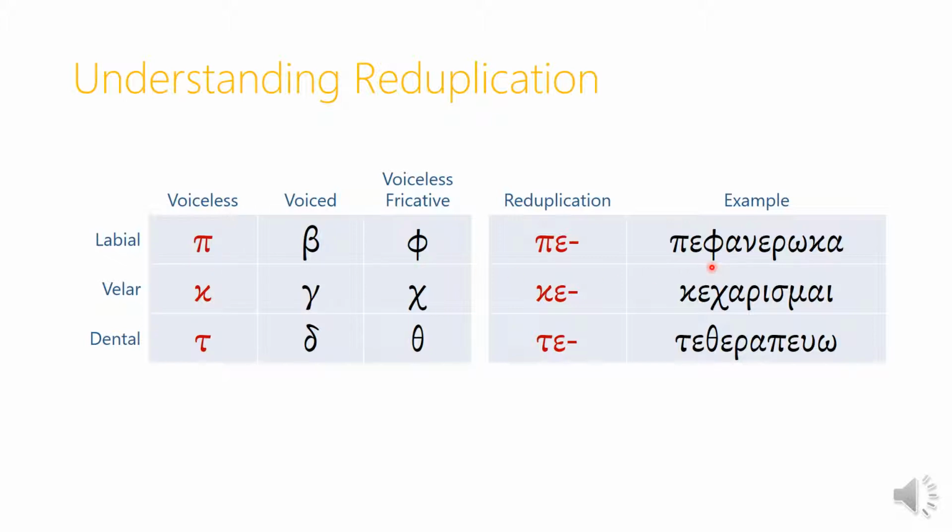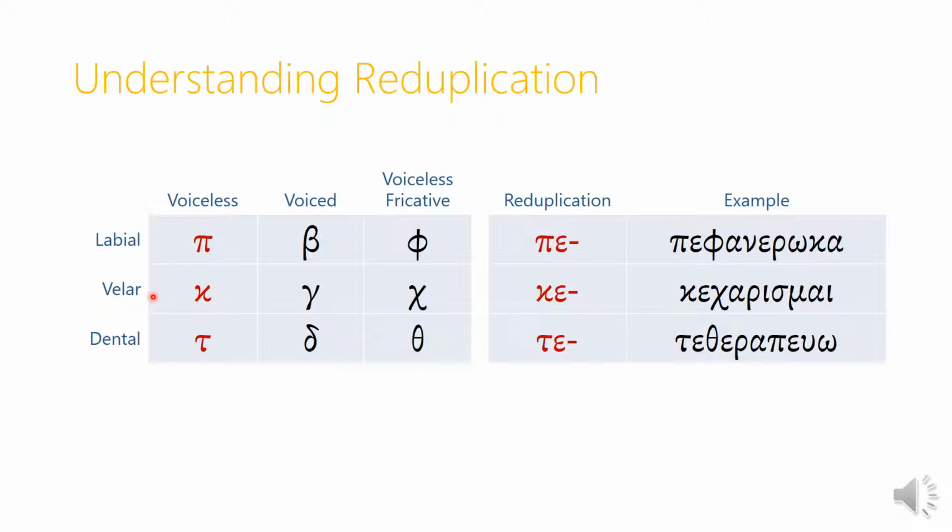Here we have phanerao, and the phanera stem begins with a phi, the voiceless fricative version of the labial consonants, but we don't have fefeneroka. We shift from the phi back to the voiceless version, the p, and so we have pefeneroka.